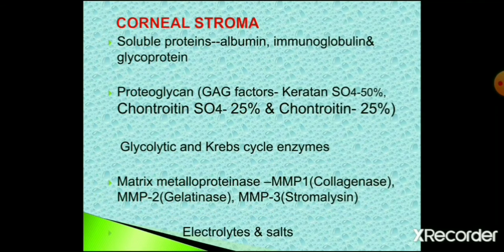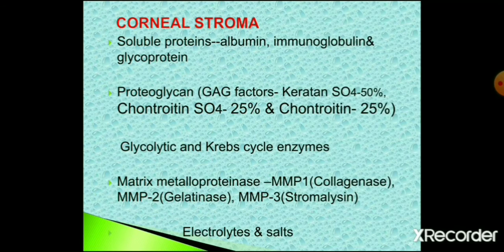Now corneal stroma, it contains soluble proteins, albumin, immunoglobulin and glycoprotein. And the proteoglycan, glycosaminoglycan factors like keratan sulfate 50%, chondroitin sulfate 25% and chondroitin 25%.